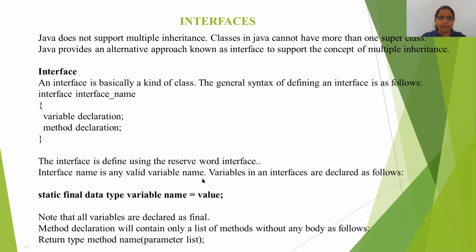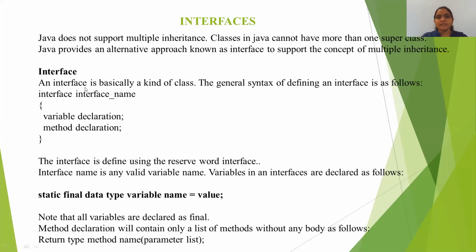With the help of this interface, you can implement multiple inheritance. In case of multiple inheritance, the class is inherited from more than one superclass, and this is not allowed in the Java programming language, and that's why if you want to implement it, you can use the concept of interface. So what do you mean by the interface?